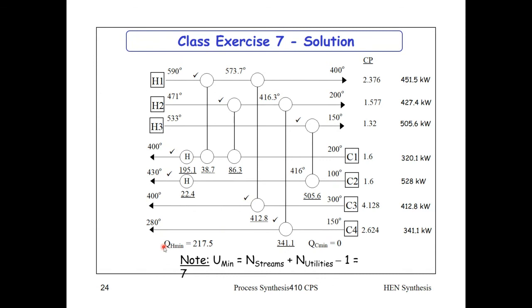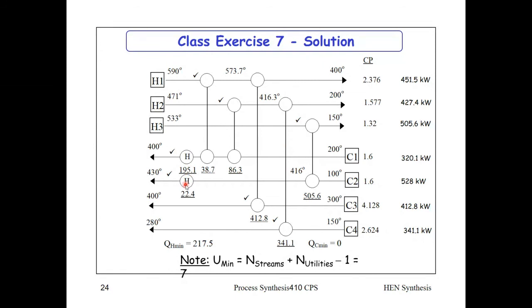Note, U-min equals number of streams plus number of utilities minus 1. There's one utility. We know that because it's a threshold problem. So U-min equals the number of streams, and there are 7 streams. Let's count these heat exchangers: 1, 2, 3, 4, 5, 6, 7.